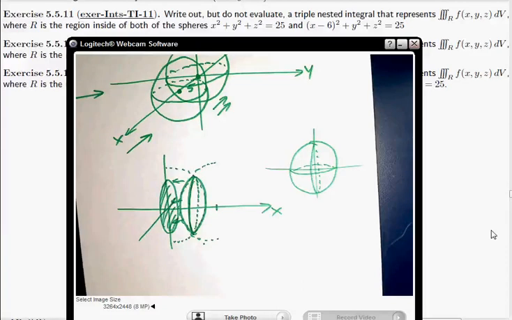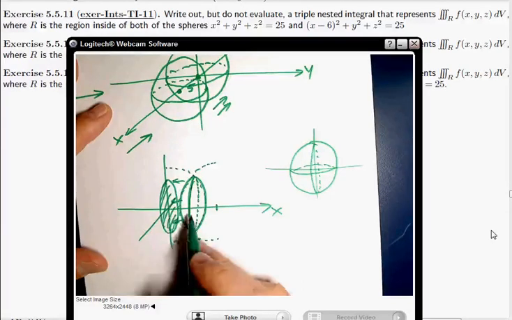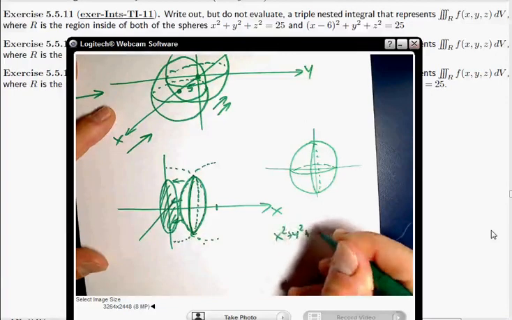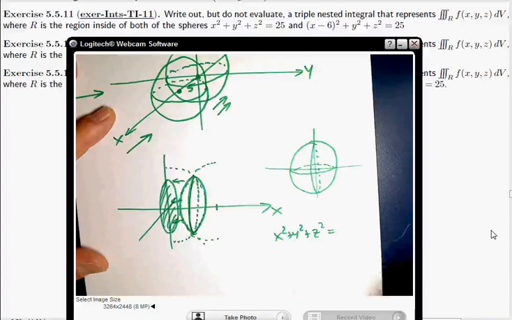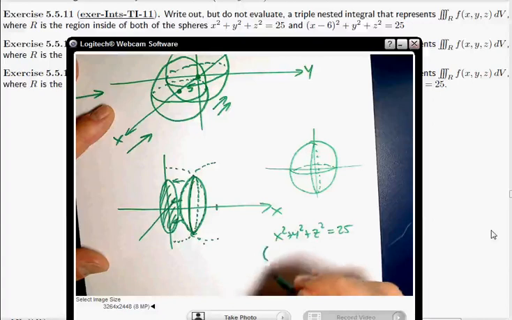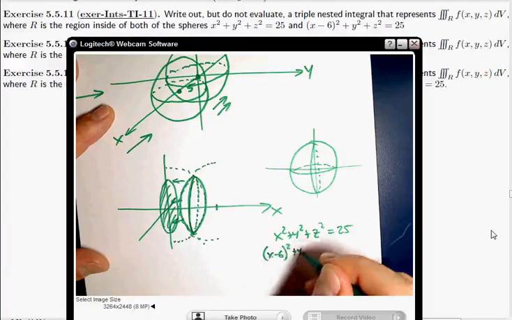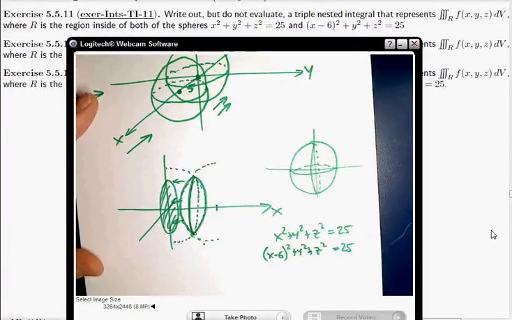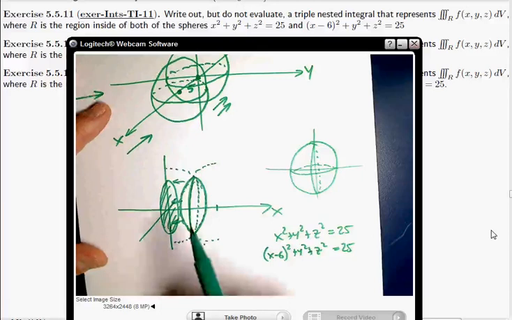I can solve for the radius of that circle by looking at the algebra for these two original spheres. You've got x squared plus y squared plus z squared equals 25. And then you have x minus 6 squared plus y squared plus z squared equals 25. Note that these things intersect.